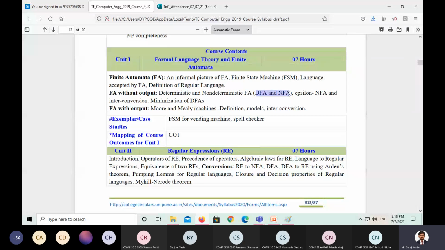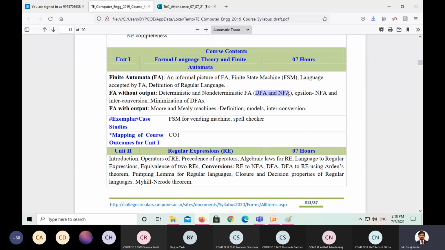Again, it is a finite set of input letters. Then delta, the transition function, that I will write to show how it is different. And the final state, capital F, it is a set of final states. It may be one or more than one final state. So we have seen the definition. Now there is a difference in the transition function, that I will write down. But the definition is similar, only with the change in the transition function.